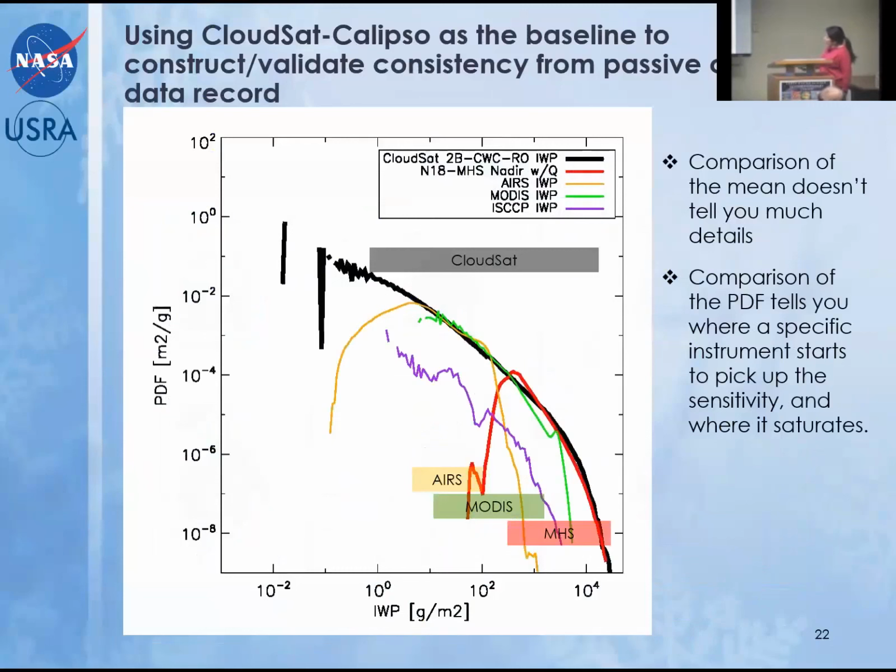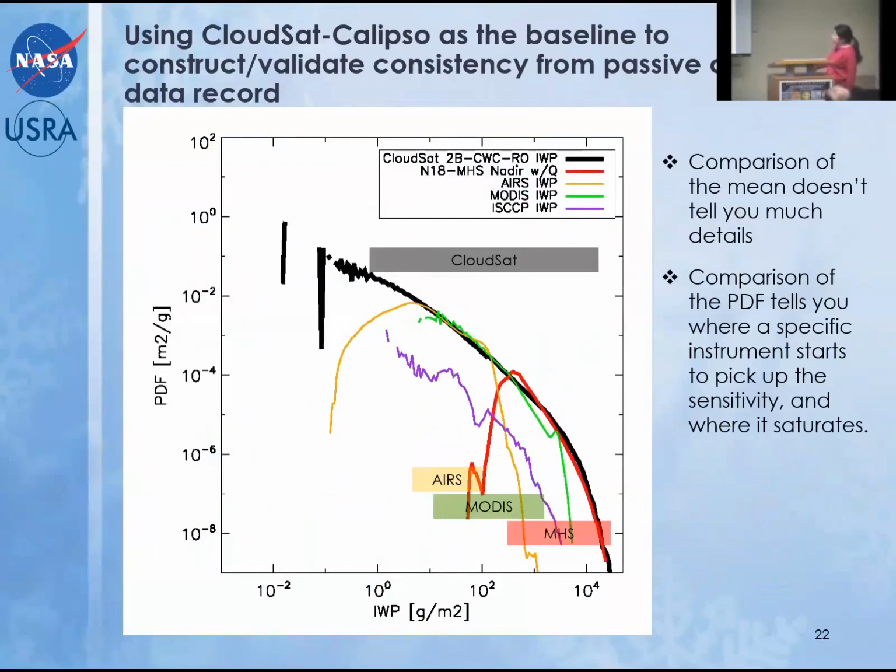And this is a biased signal here, which means MODIS completely loses its sensitivity at large ice water path. And the red line is our algorithm-derived ice water path climatology, and you can see it starts to pick up thicker clouds, but then it follows CloudSat nicely until it also reaches the CloudSat sensitivity range.